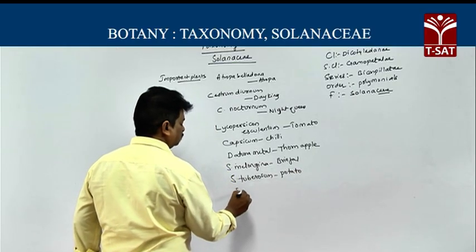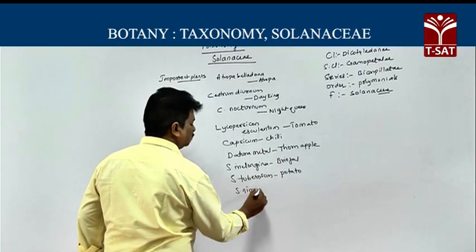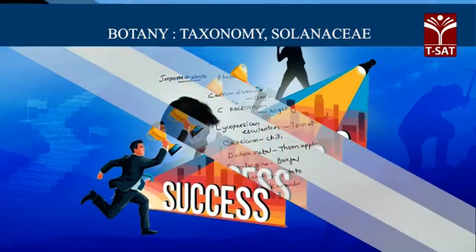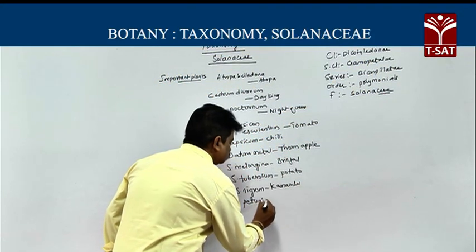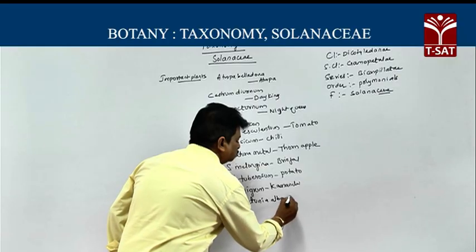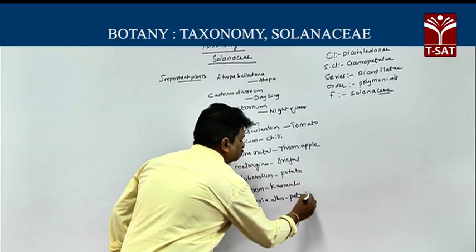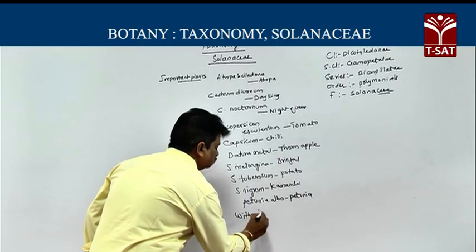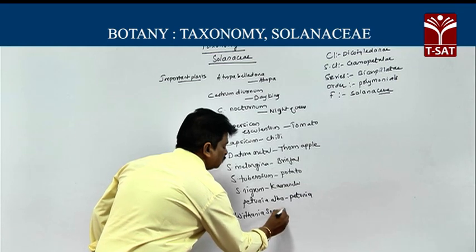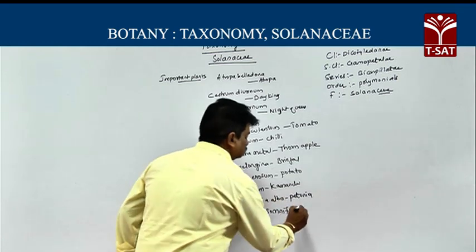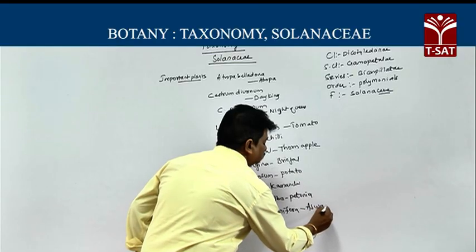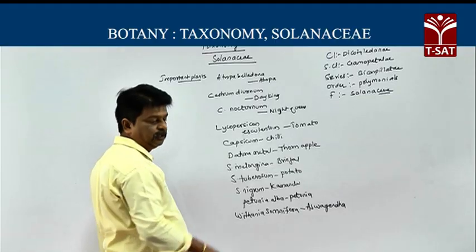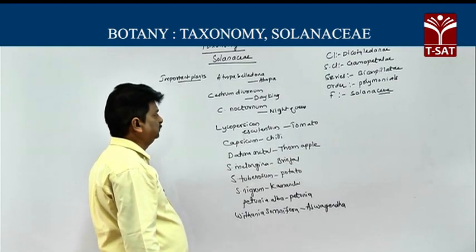Next one, Solanum nigrum, makoi. Petunia alba, petunia. Next one, Withania somnifera, ashwagandha. So these are important plants of Solanaceae.